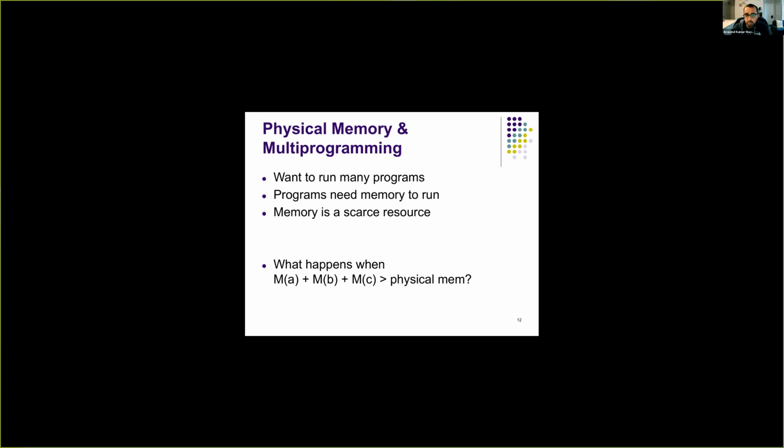Imagine there are three processes A, B, C, and the memory requirement of all three combined is more than the physical memory. So it cannot store all three processes in the physical memory. Then how does the operating system save the state of the process when there is no physical memory available?